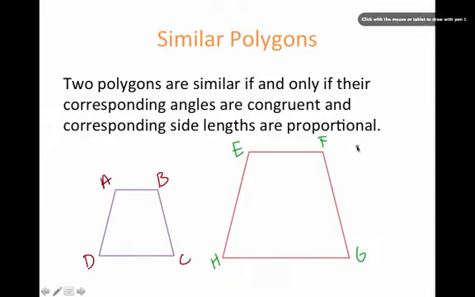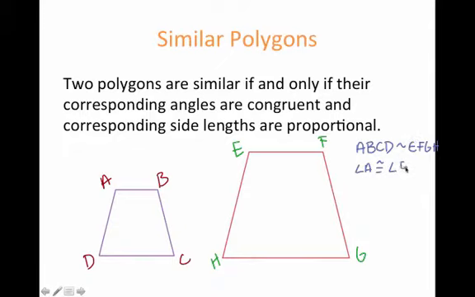The special notation for similarity: I'll write trapezoid ABCD like this, and then a squiggle, like the squiggle that goes on top of a congruent sign, just the squiggle alone, is similar to EFGH. That means that the corresponding angles are congruent. So angle A, the first angle right here, is congruent to angle E, the first angle in that trapezoid.